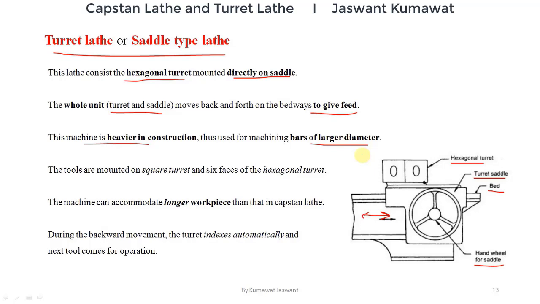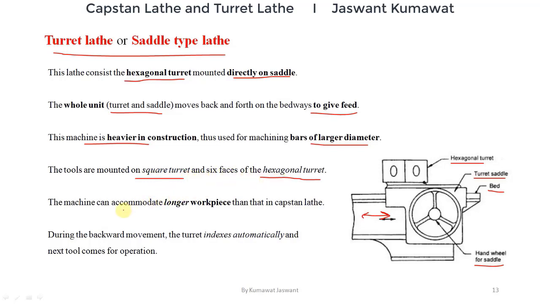So there is only a front tool post on the carriage. That means the tools are mounted on the square turret and the 6 faces of the hexagonal turret. There is no rear tool post if a side hung carriage is used in the turret lathe. If the reach over carriage is used in the turret lathe, then the tools are mounted on the front tool post, rear tool post and the 6 faces of the hexagonal turret.